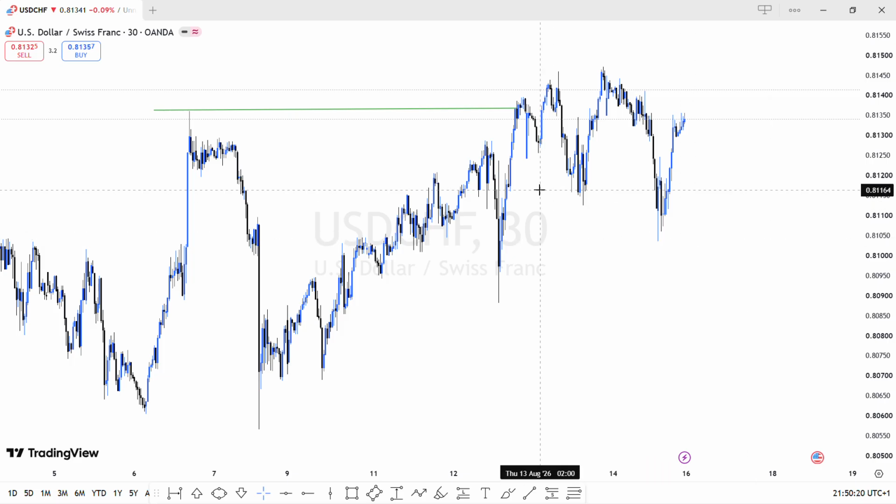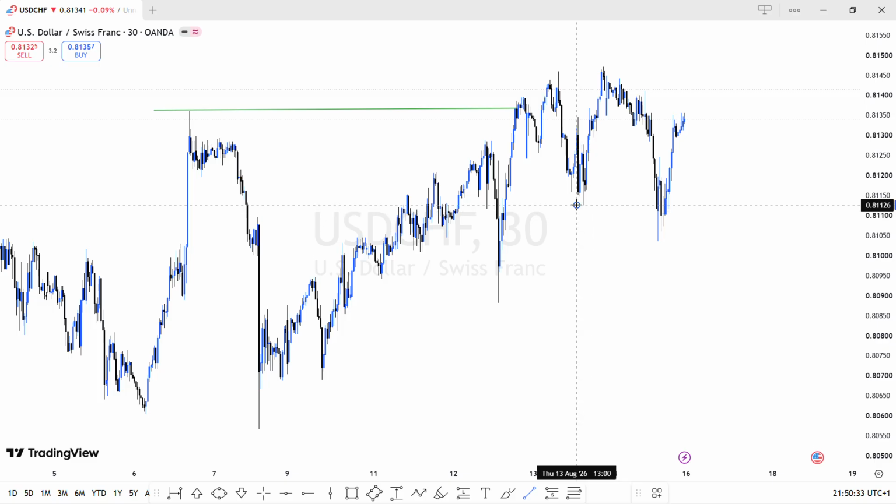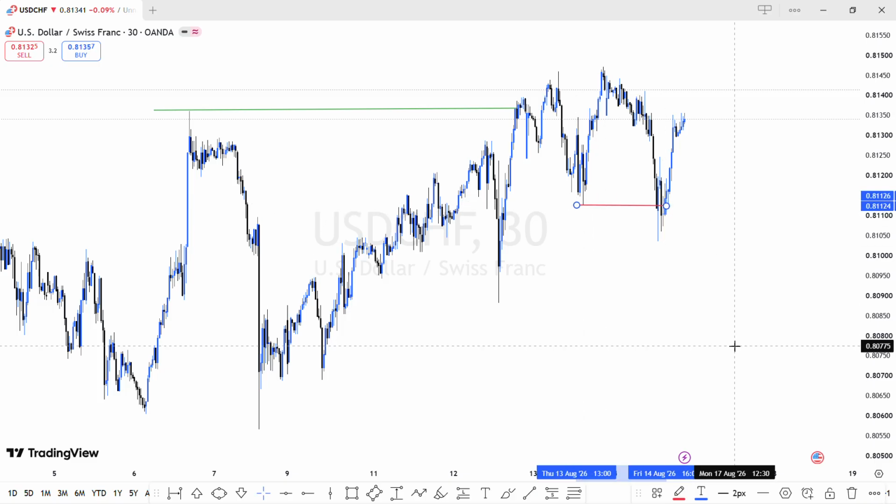I'm not seeing anything because if I get a good break of structure here, I can still call this place a break of structure.